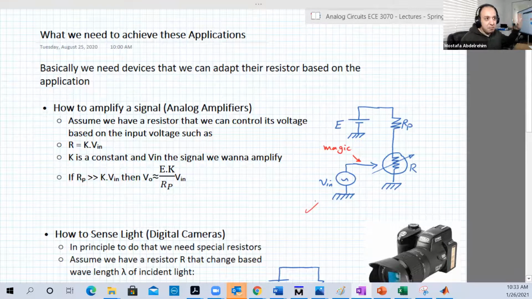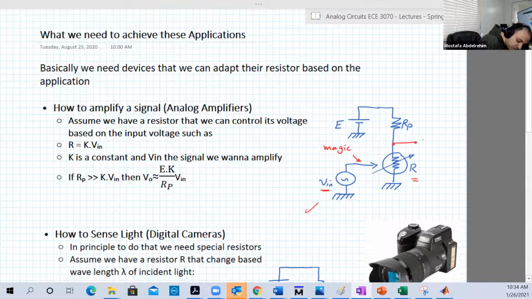Just imagine you have a resistor called RB, and another resistor R, and this R can be controlled by the input signal, the input voltage, which is the signal that we want to amplify.